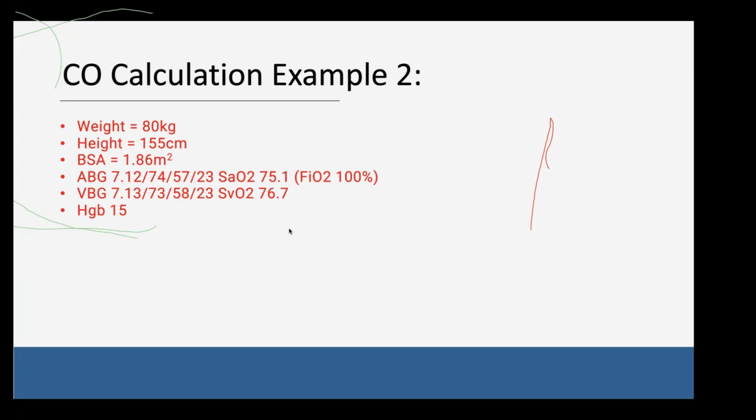It seems like the patient's oxygen uptake is not as it should be, or she has a severe type of acidosis with oxygen concentration of the arterial, which is lower, 57, and the venous is also similar.